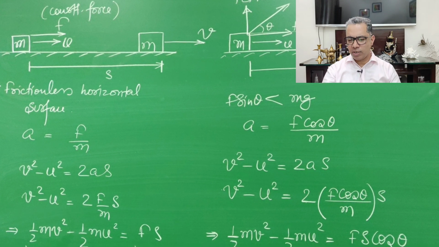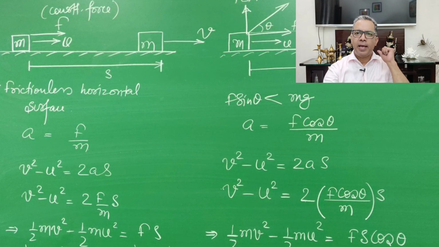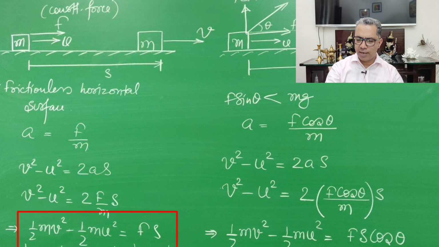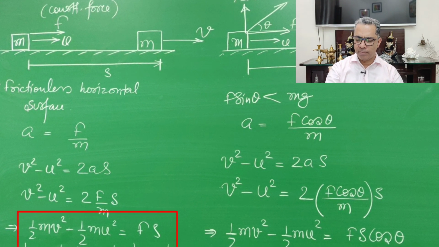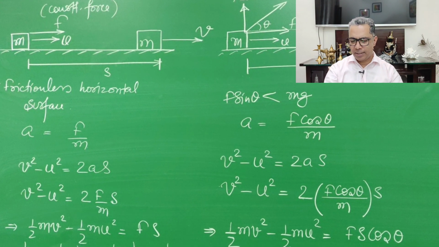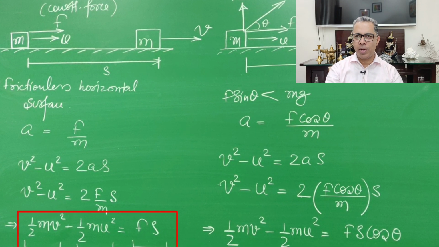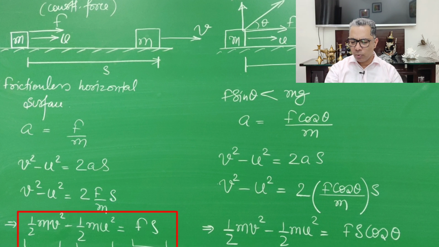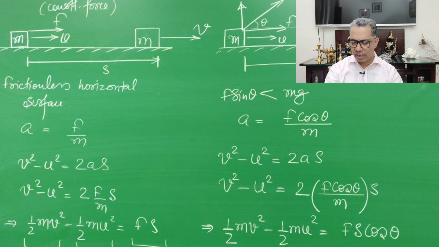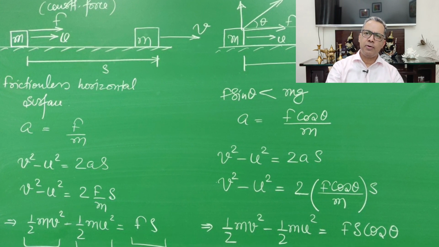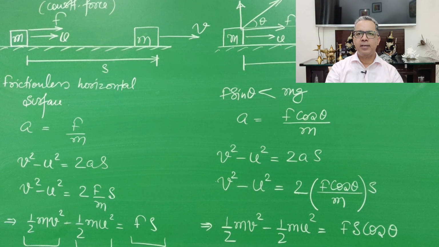We give these quantities names here. F times s on the right hand side of the equation, we are giving it the name work, and half mv square and half mu square on the left hand side of the equation, we're going to call them kinetic energy.